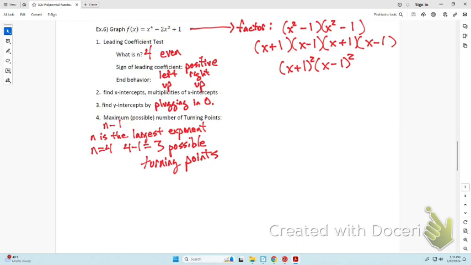That means we have an x-intercept at -1 and at +1, and they both bounce because of the exponent 2. For the y-intercept, let's plug in 0.